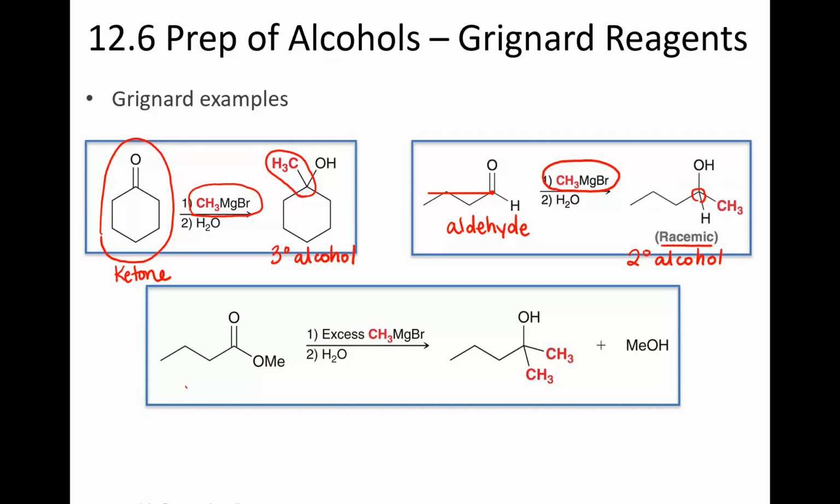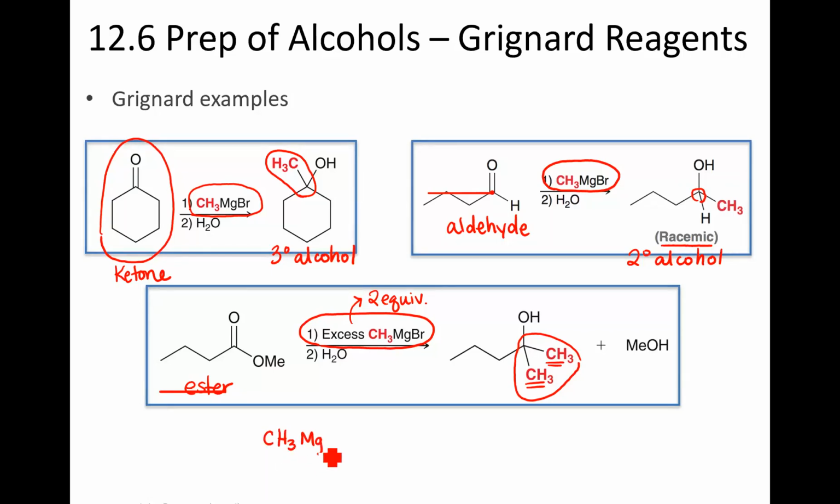This is an example of an ester being reacted with a Grignard reagent. Notice it mentions excess of the methyl magnesium bromide, and that's because we will need at least 2 equivalents in order to get a good yield of the product. And so we have incorporation of 2 methyl groups and the formation of 2 new carbon-carbon bonds in this particular case. So in all 3 of these examples, they did use methyl magnesium bromide, but just note that it doesn't have to be a methyl group.